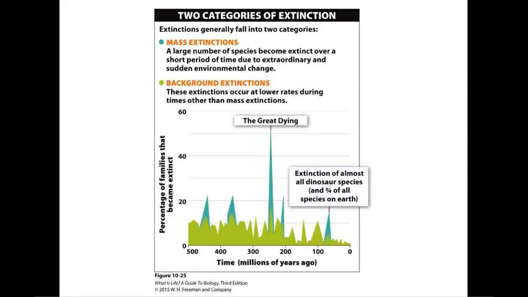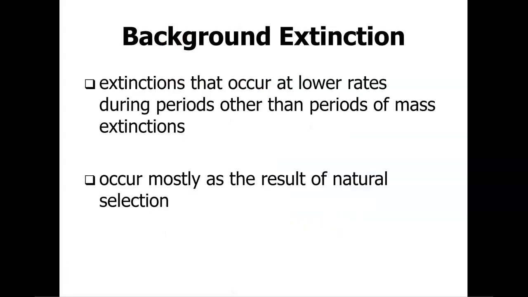They're very dependent upon their environment, so if it changes at all, then they are more likely to go extinct. These are extinctions that occur at low rates during periods other than periods of mass extinction, and they occur mostly as a result of natural selection.